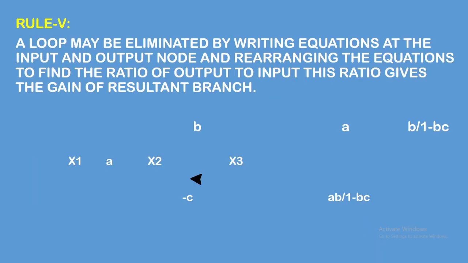Next, rule 5: a loop may be eliminated by writing the equations at the input node and output node, and rearranging the equations to find the output to input. This ratio gives the gain of the resultant branch. Let us take an example with a loop here.